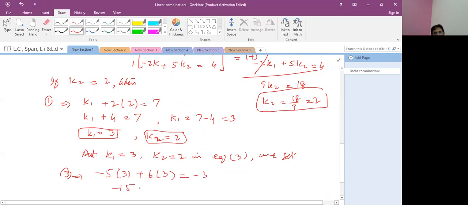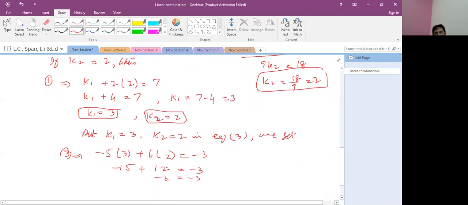So it means minus 15 plus 18, 6 K2 with K2 equal to 2, which is 12. So minus 3 equals minus 3. It means K1 and K2 both satisfy equation number 3. Hence, W is a linear combination of U and V.